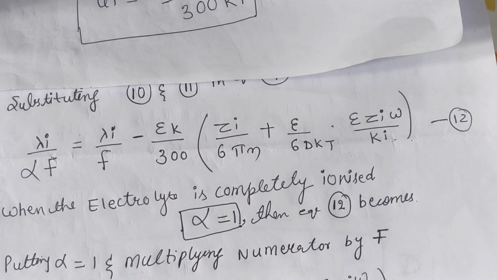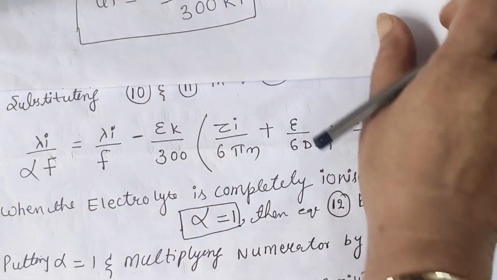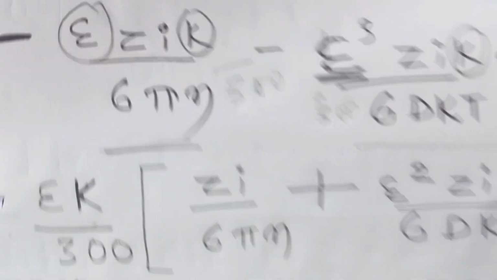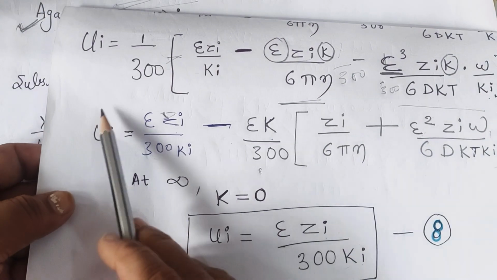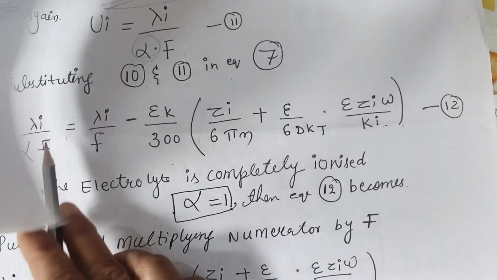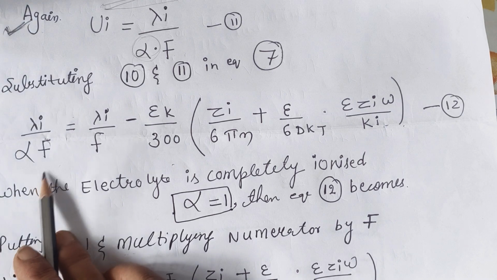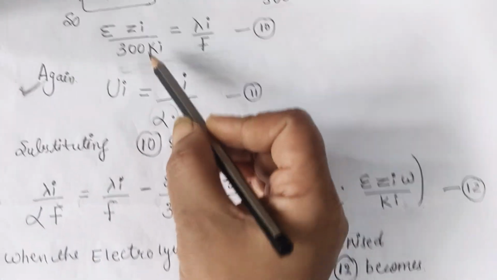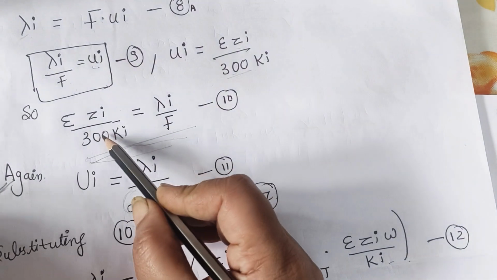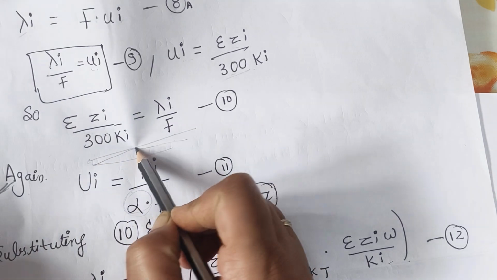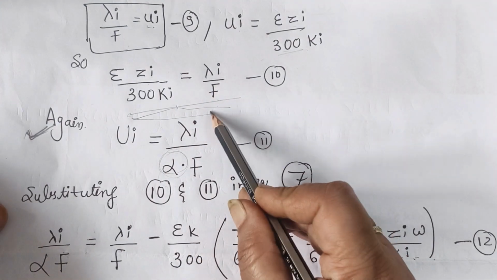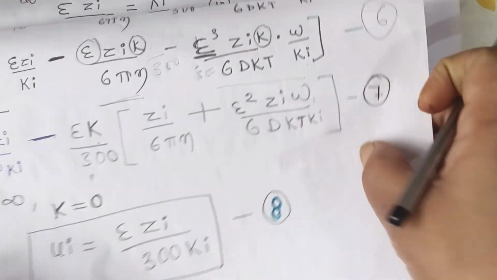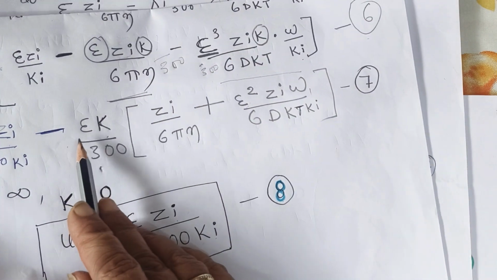Okay, so look at the left hand side carefully: in the 7th equation we have just put, in the place of ui, our lambda i by alpha F, and in the place of epsilon zi by 300 ki we will substitute lambda i by F, right? And the other part will remain the same. If you are writing, then you will understand easily.